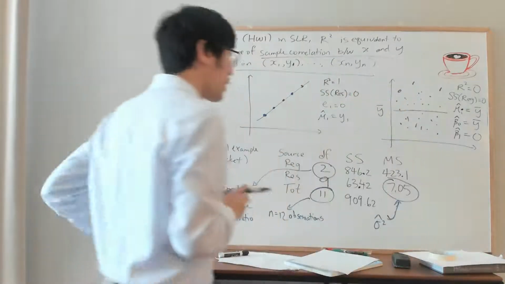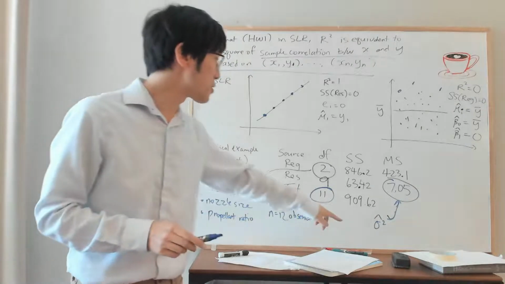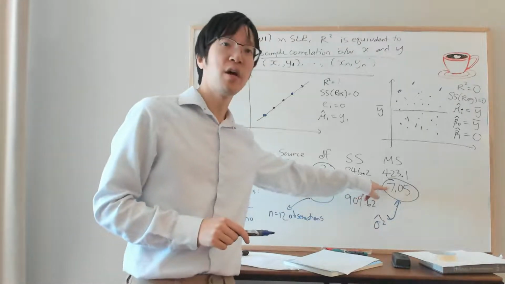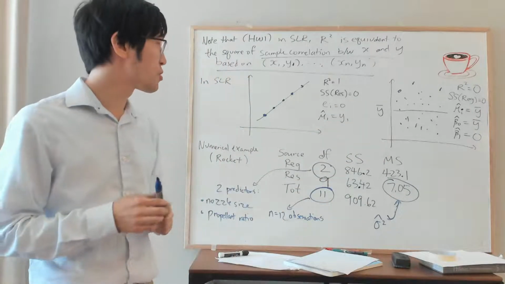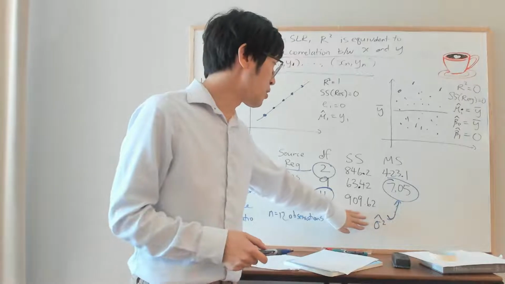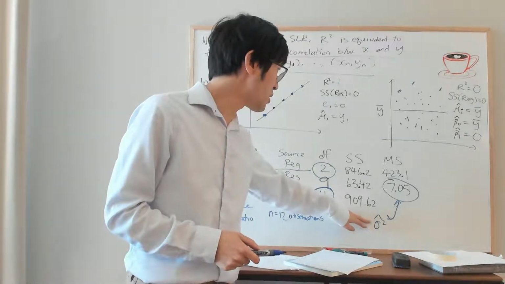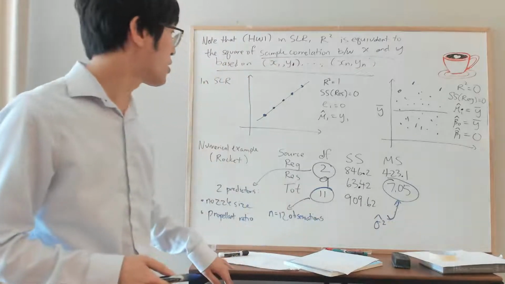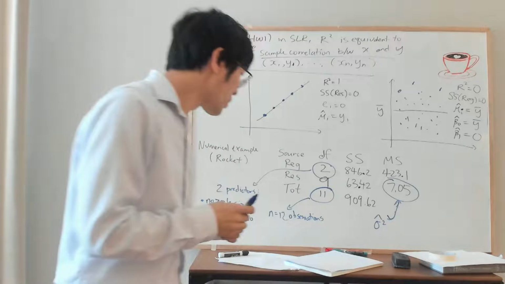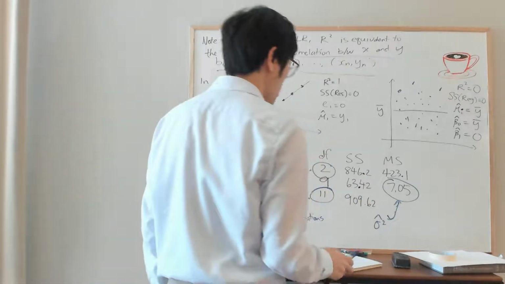And in fact, if you look back at our summary R output for this example, we'll find that this is the number at the bottom of the summary output of R's lm function. It tells us the estimate of the residual variability. Okay, so that's how that fits into this example.